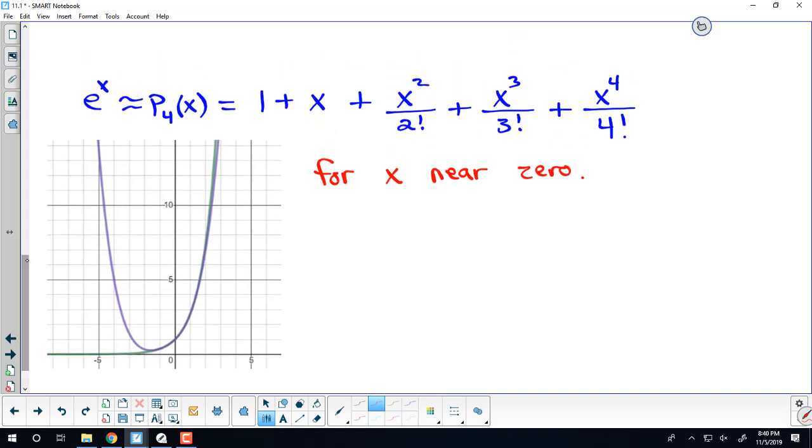So once you have this approximation, you might be asked to use it to approximate e to the 0.1 or e to the whatever.